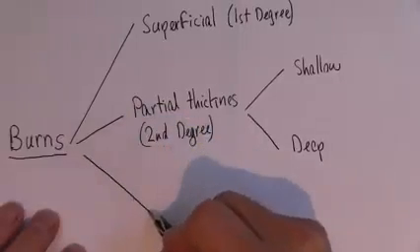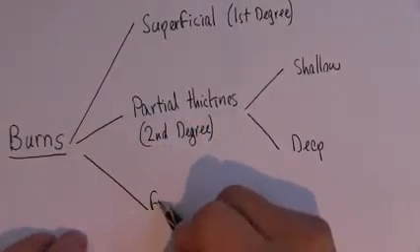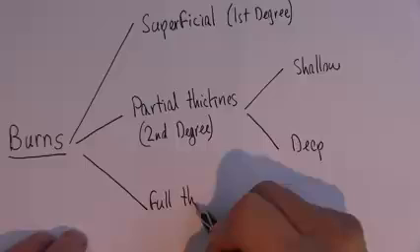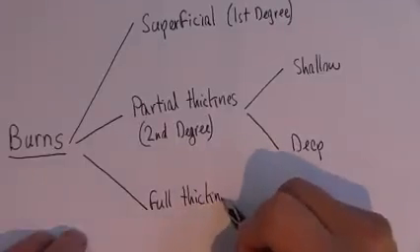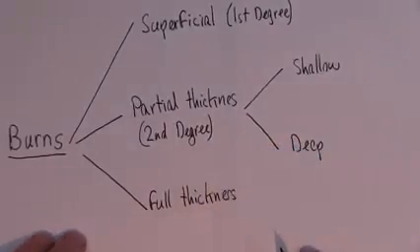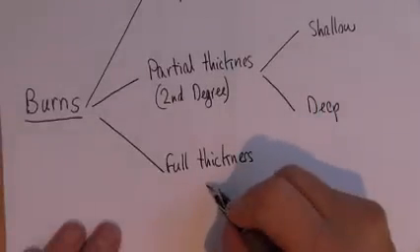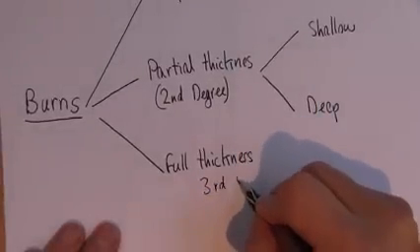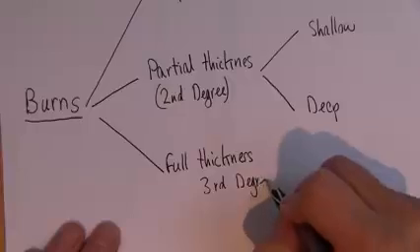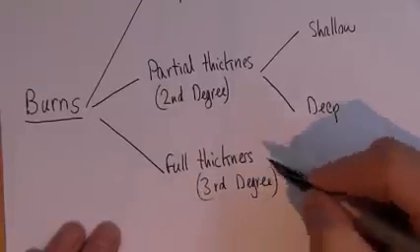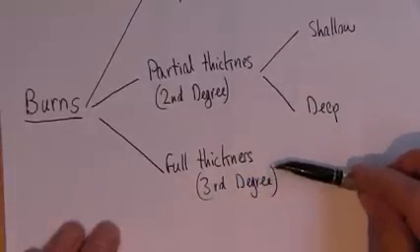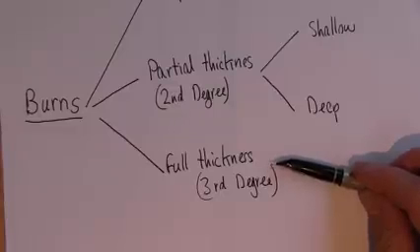Another classification is full thickness. Full thickness burns, and these are sometimes called third degree. And in full thickness burns, the full thickness of the skin is burnt away and destroyed.